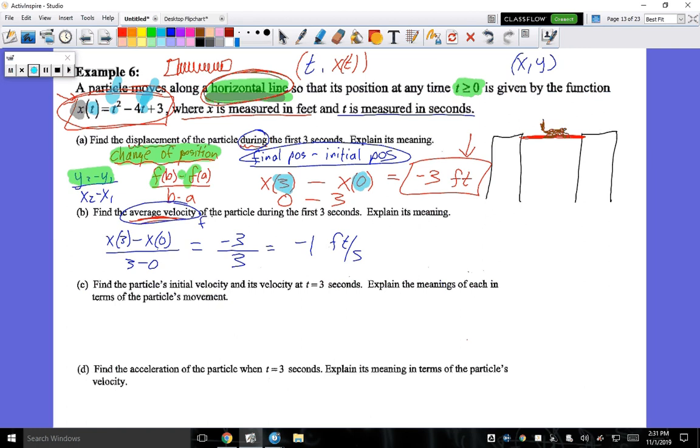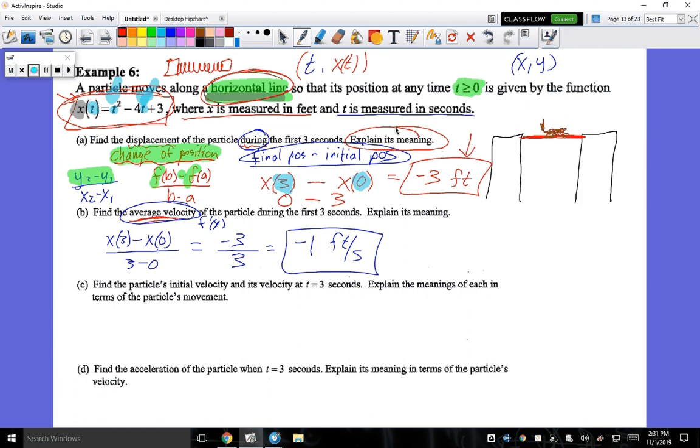This is f prime interpretation. So feet per second, not feet per second squared. Okay? Now if I said to explain its meaning on both of them, I kind of went too fast on that over here. This is saying that during the first 3 seconds, the position was displaced by a negative 3 feet.